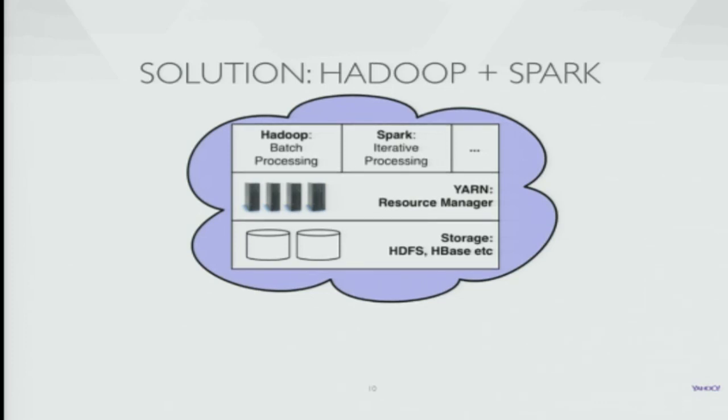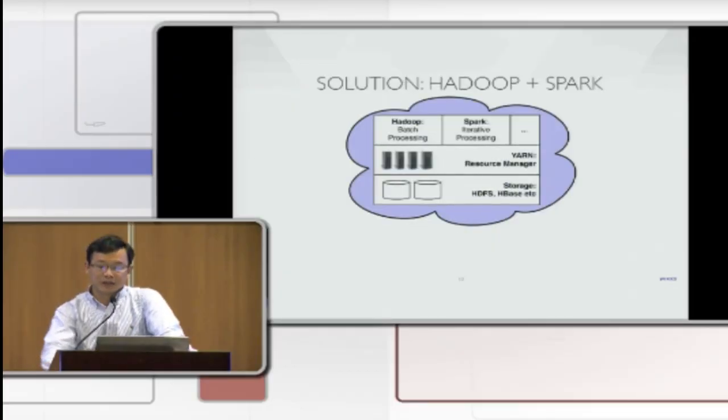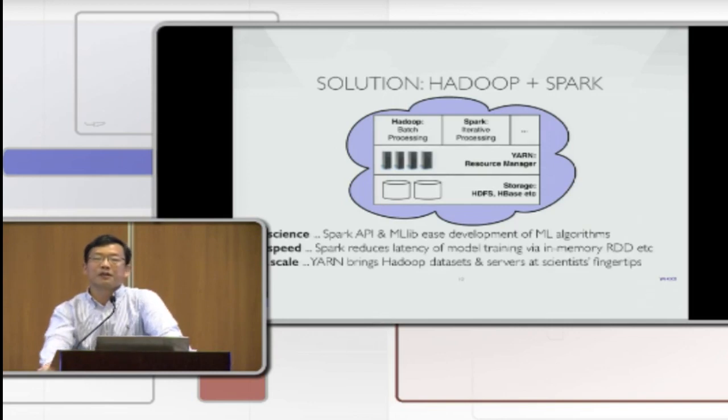By doing so, we try to address all those 3 challenges I mentioned earlier. From the science exploration point of view, we believe the abstraction provided by the Spark ML architecture will enable our data scientists to do their job more efficiently.